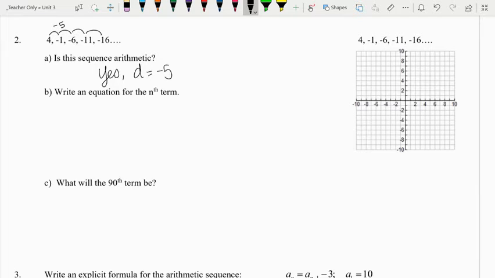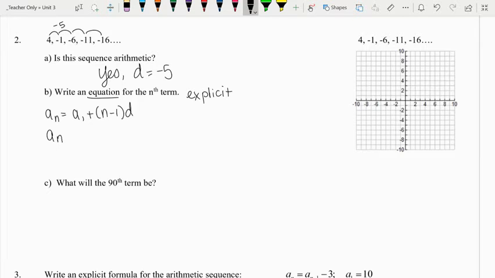Write an equation for the nth term, okay? So for this one, we're going to write an explicit one. You can always plug into the equation a sub n equals a sub 1 plus n minus 1 times d. I'm going to show you that way, and then I'm going to show you the much faster way.